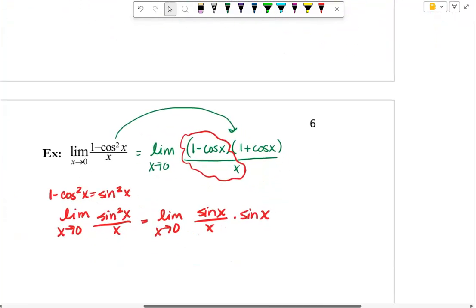So if I substitute a 0 there, I know this part of my limit is going to go to 0. When I plug in a 0 for x over here, I get 1 plus the cosine of 0. The cosine of 0 is 1, so this becomes 1 plus 1, which is 2. So if I multiply those two numbers, I get 0 times 2.